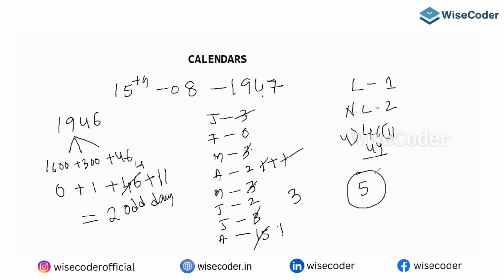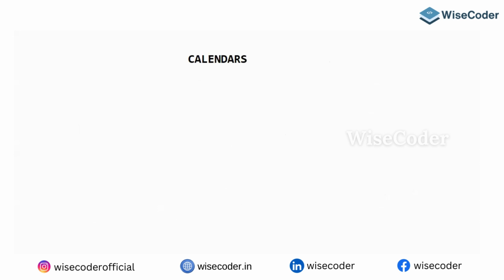I am getting 5 here. 5 means which day? Friday. So the answer for this question is Friday. We'll adopt this method and try to solve, taking more number of years.